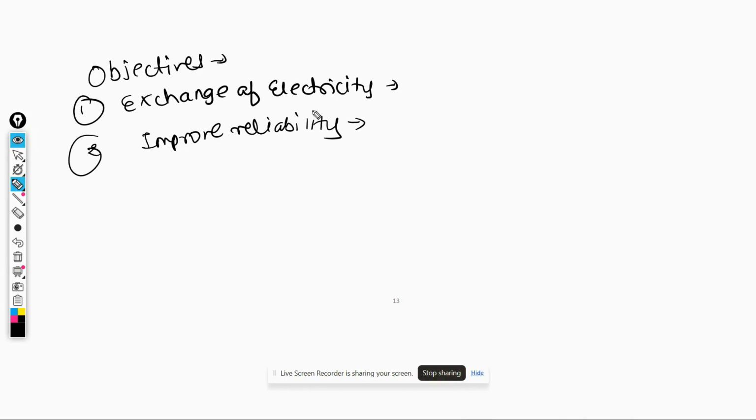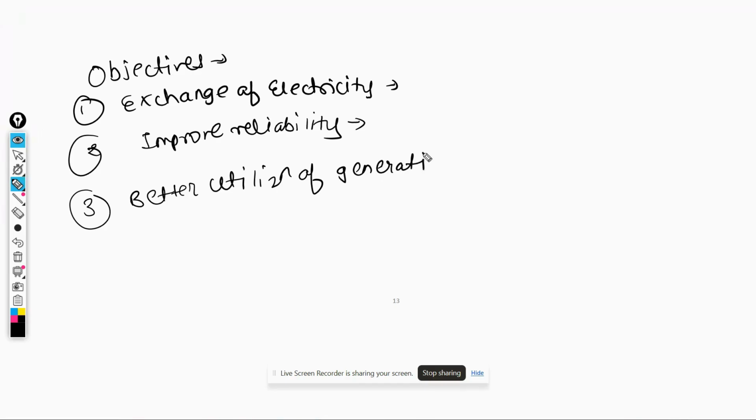Then the third objective is better utilization of generating stations.